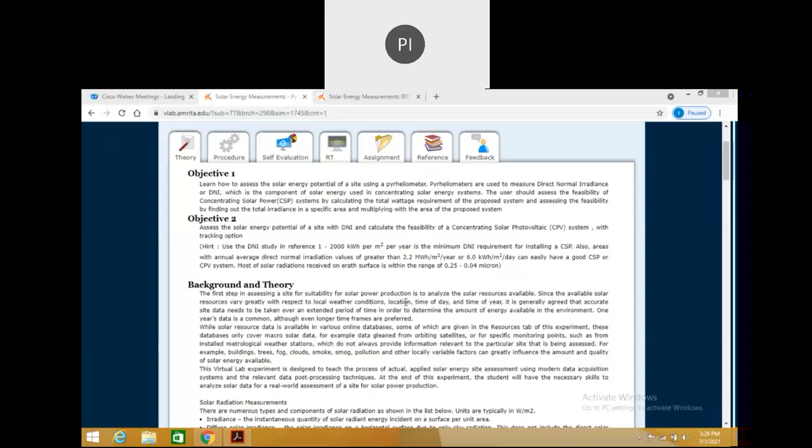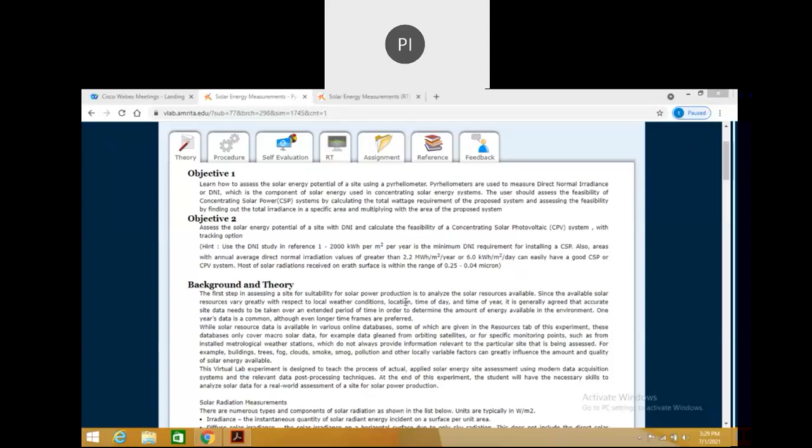It is greatly agreed that accurate site data needs to be taken. While solar resource data is available in various online databases, some of which are given in the resource tab of this experiment, these databases only cover macro solar data, for example, data gleaned from orbiting satellites or from specific monitoring points, such as meteorological weather stations.